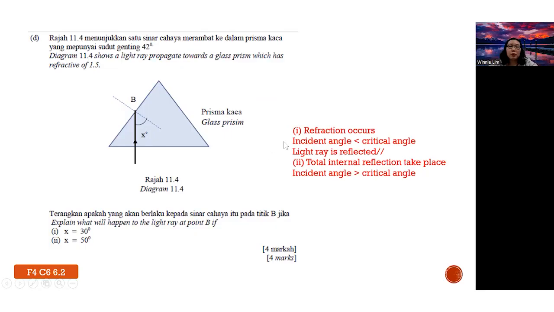So for part 1, refraction occurs as the incident angle is less than the critical angle. You have to tell the relationship. While for part 2, total internal reflection takes place whereby the incident angle is more than the critical angle. This is a conceptual question where you have to get the idea of what total internal reflection is.